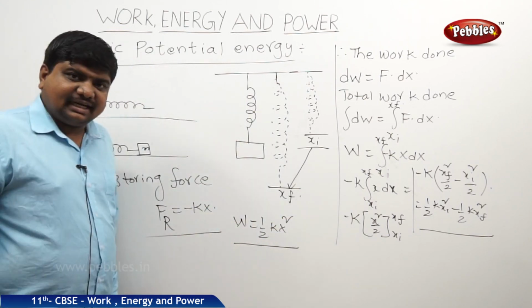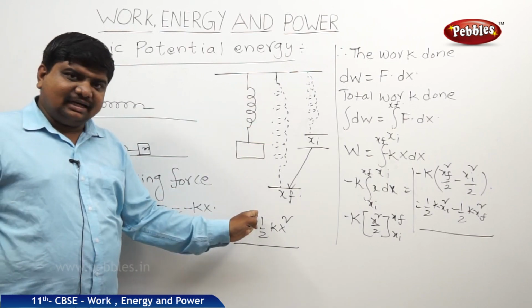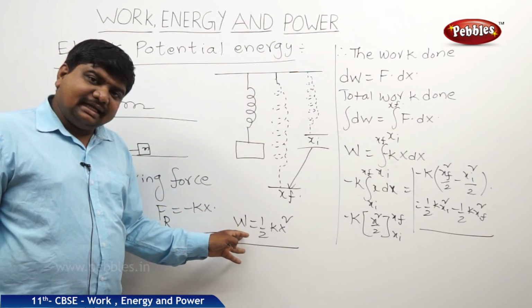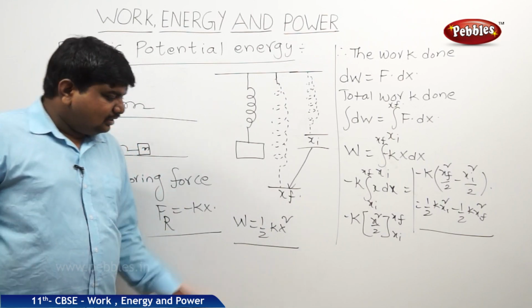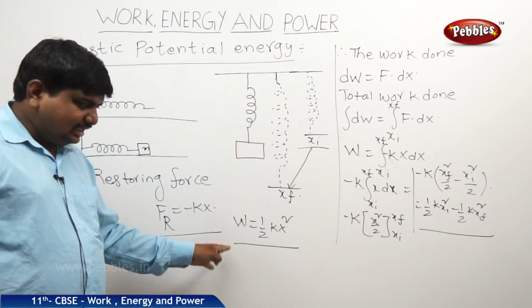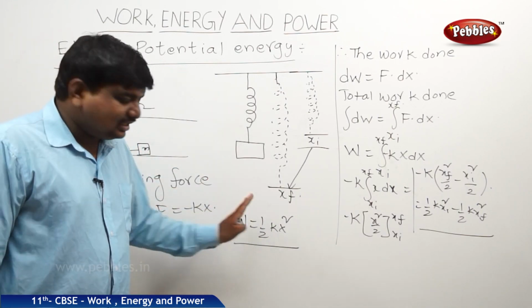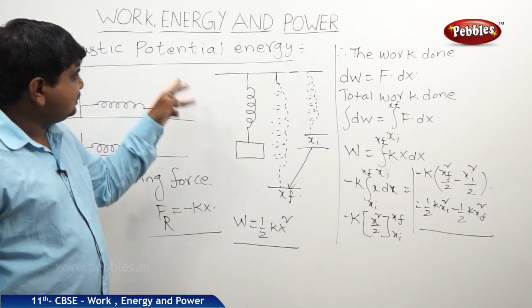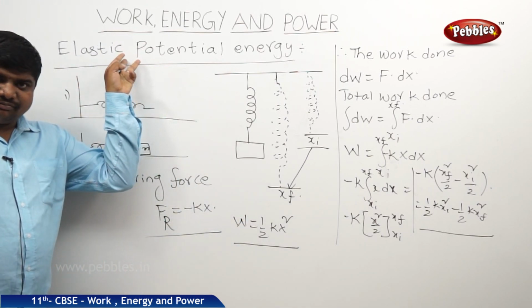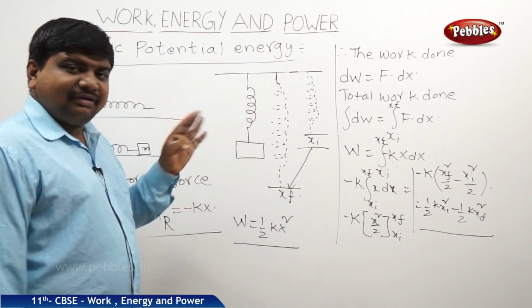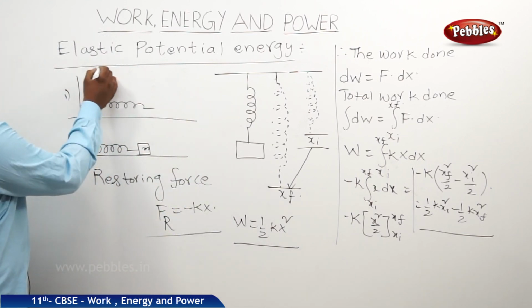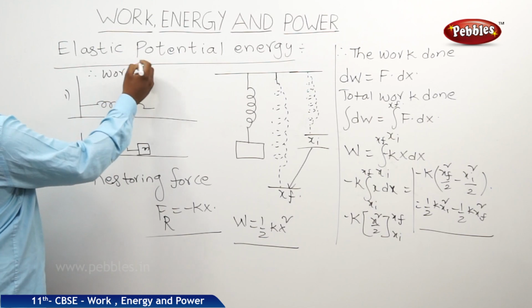So what we can understand, whether the body is acting under the restoring force, work done is half kx square. The work done in these types of bodies is stored in the form of potential energy. This potential energy is called elastic potential energy. In our textbook, this question was given as work done by a force or spring.